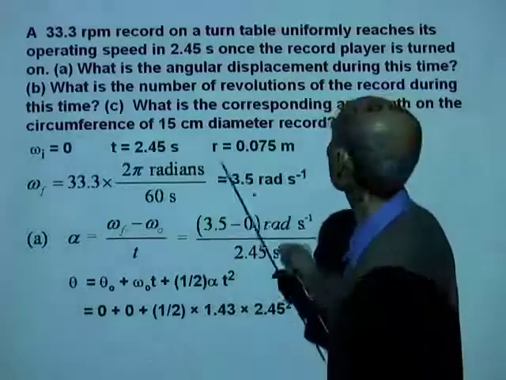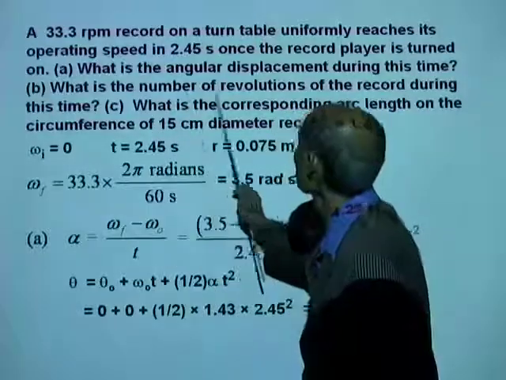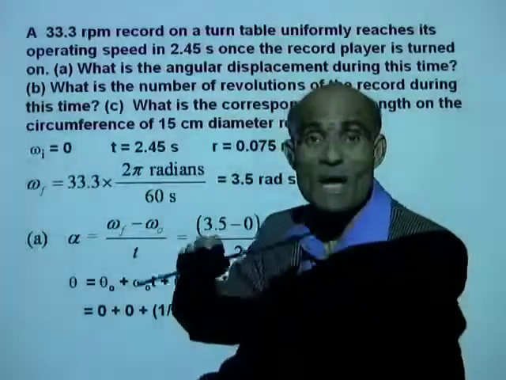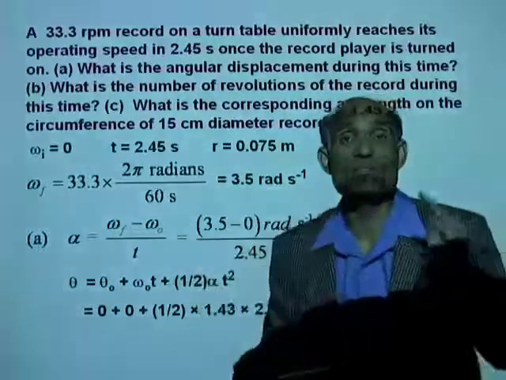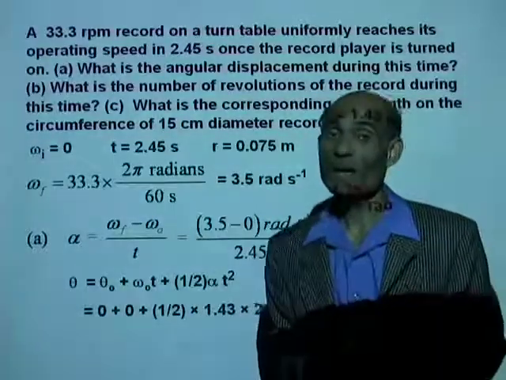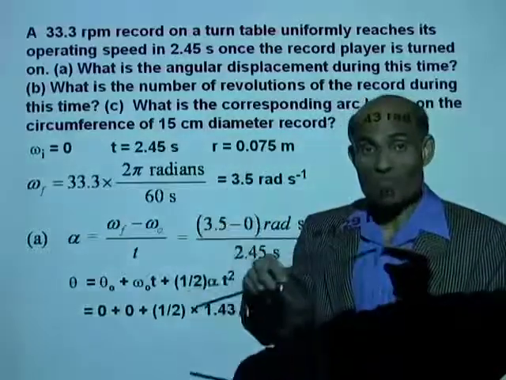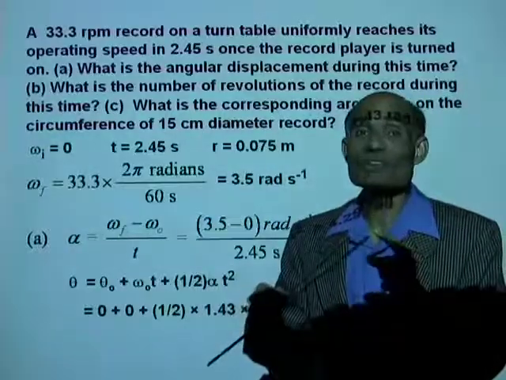What is it that we want next? What is the number of revolutions of the record during this time? How many times did the record go round during this time? Well, you know that if the record goes round once, the angular displacement will be 2 pi radians.